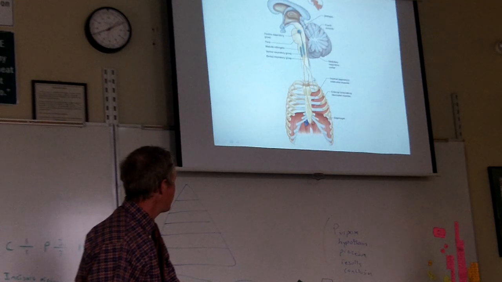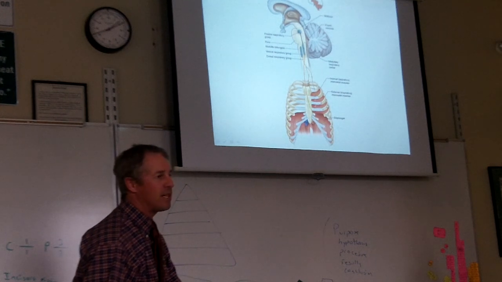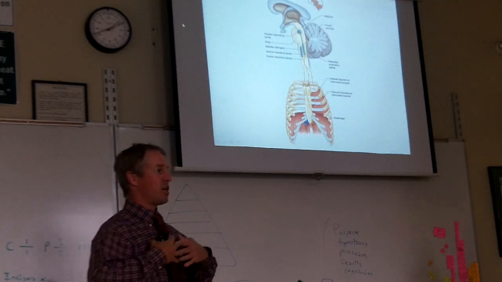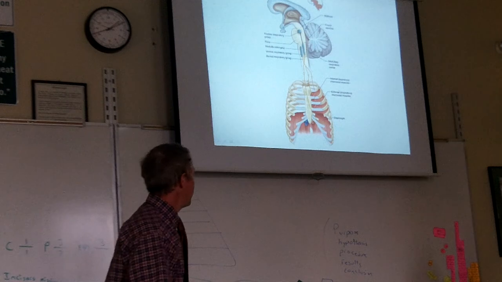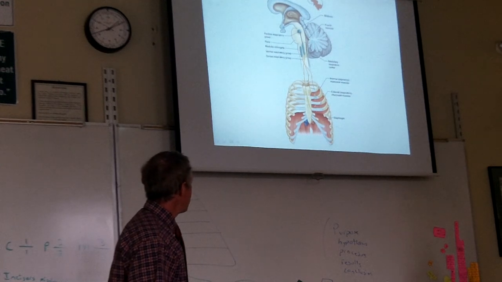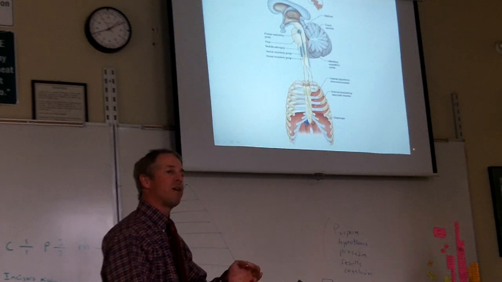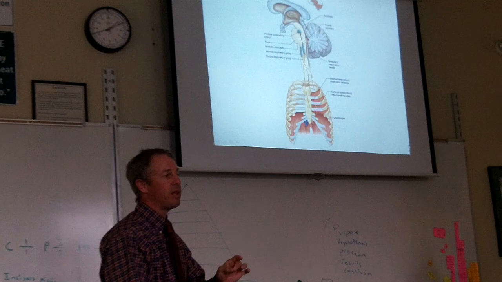Those help out with breathing. That's for taking extra deep breaths. Remember when I said if you want to take an extra deep breath, your chest goes way out and it's pulled by those muscles? Those two sets of muscles are controlled by the ventral respiratory group, which controls strong, forceful breathing.